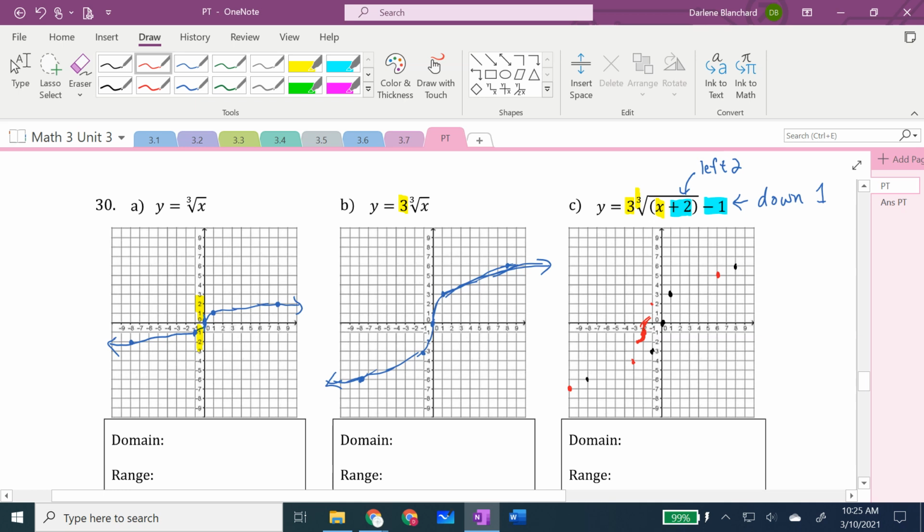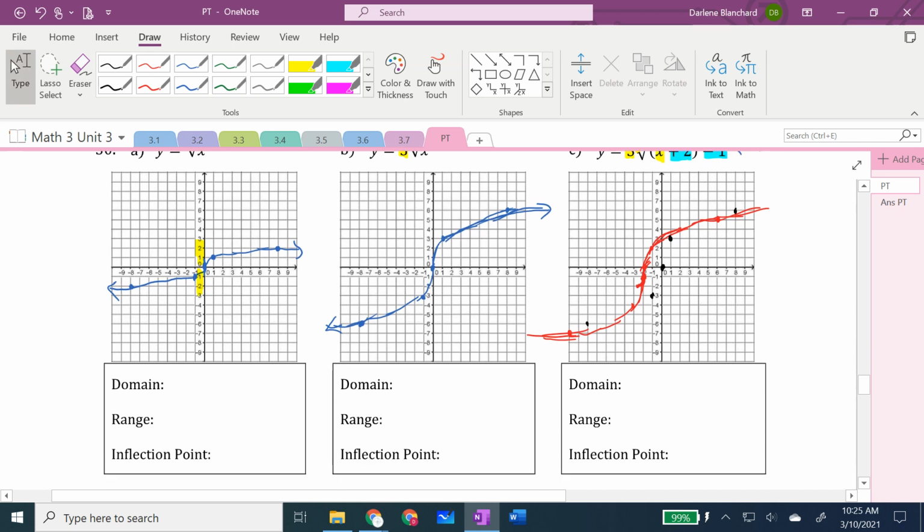Okay, yeah, there we go. I'm only going through the red points. It is a shifted graph. And then there you go.